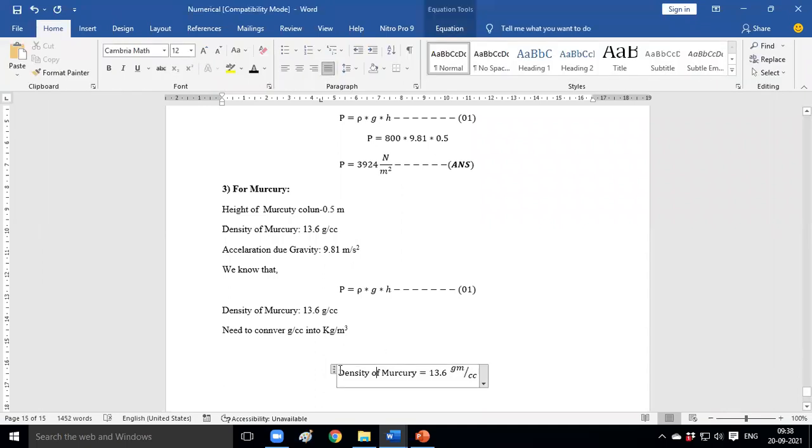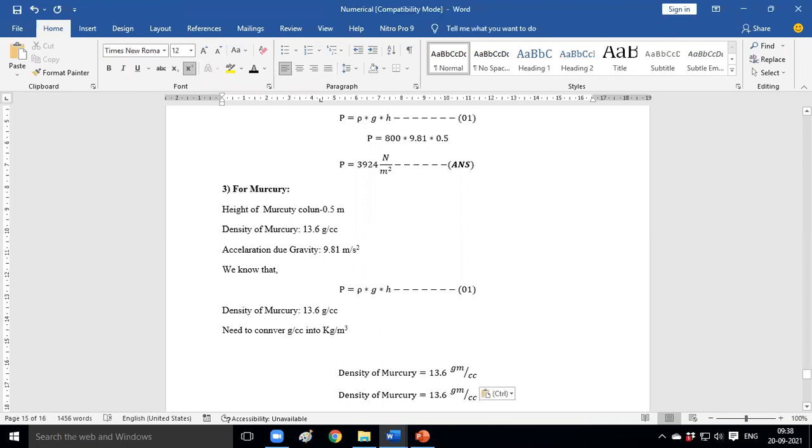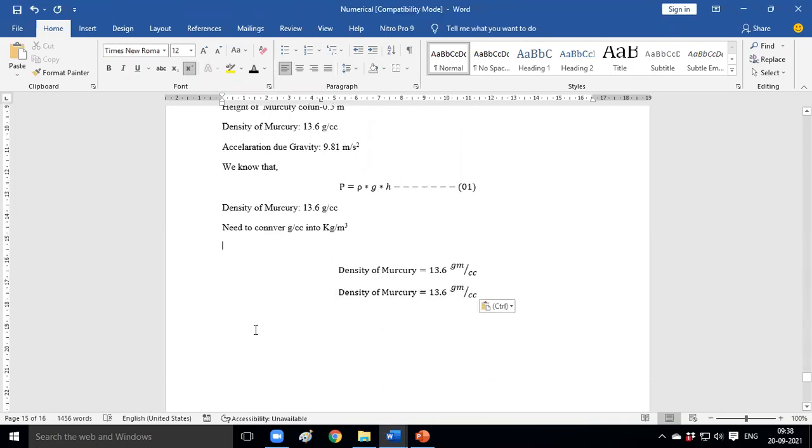We need to convert this gram per cc into kg per meter cube. How? Just multiply by the conversion. What is the conversion of gram to kg? Multiply by 1000.